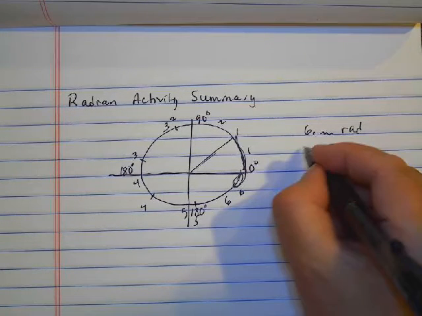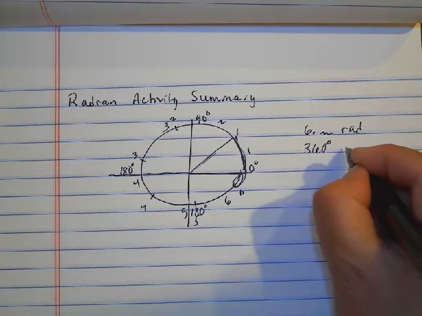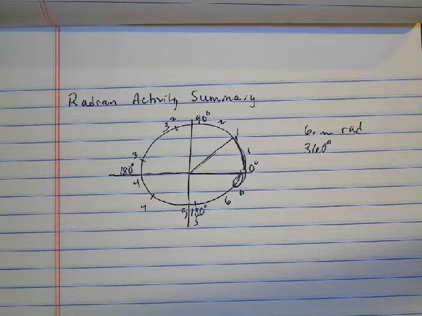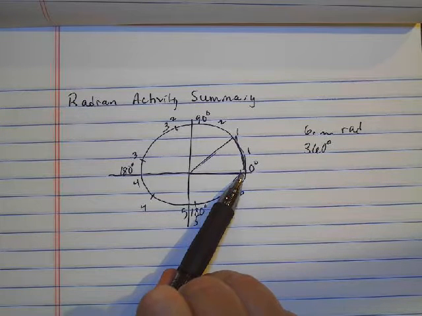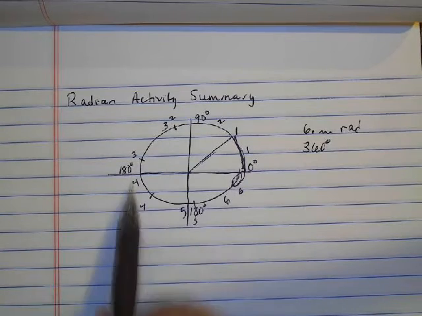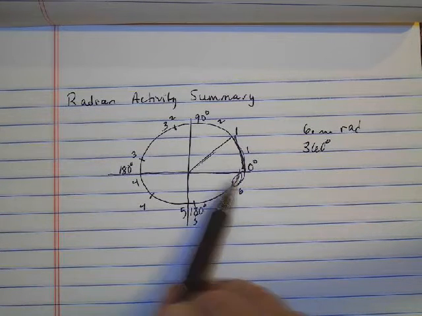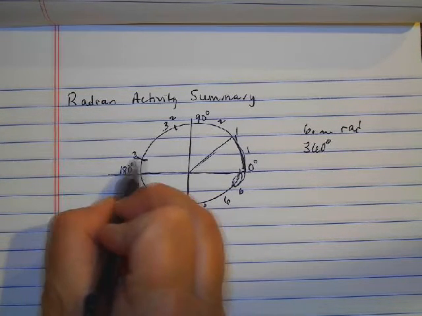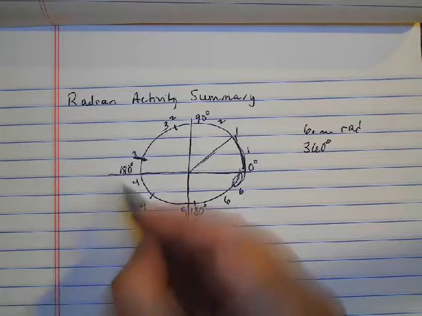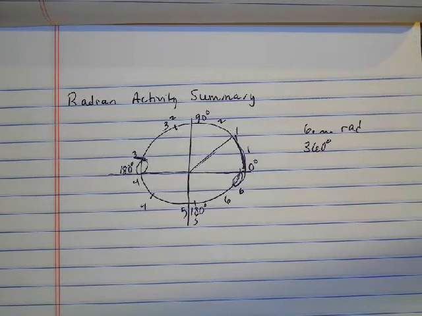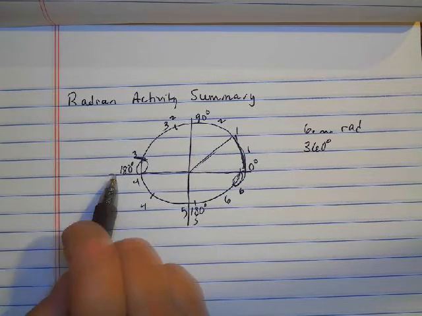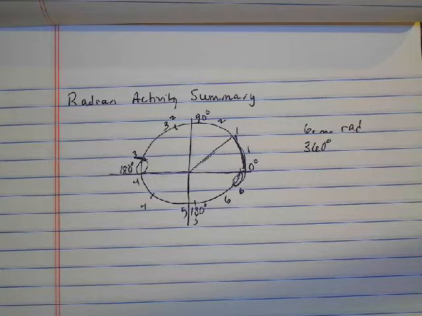We also know that there are 360 degrees in a circle. Whenever you're talking about radians, not only does this go around 6 point something times, I noticed that 3 landed over here. So 3 point something is the same thing as 180 degrees.